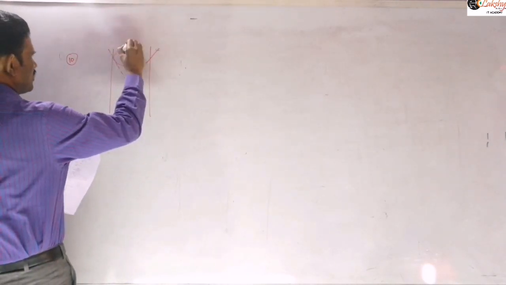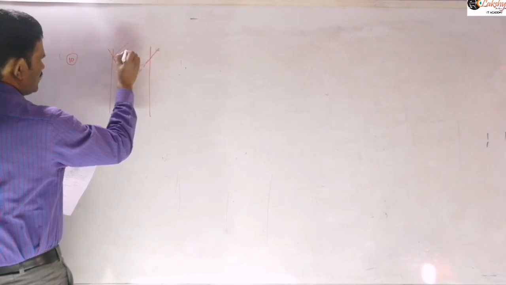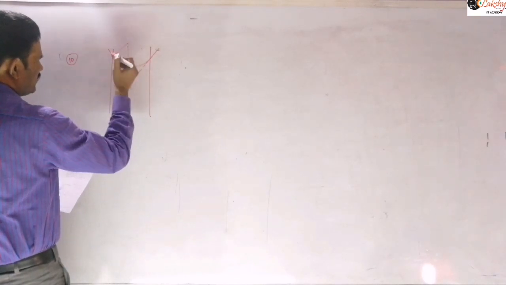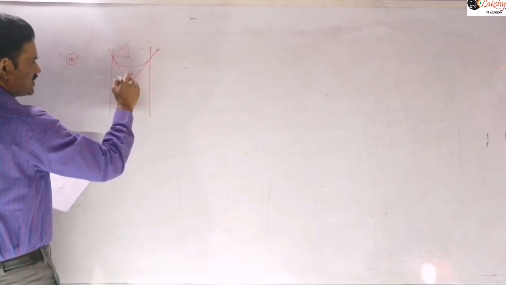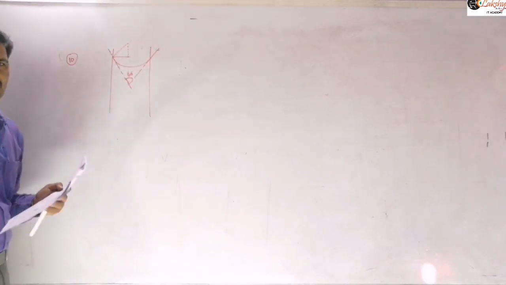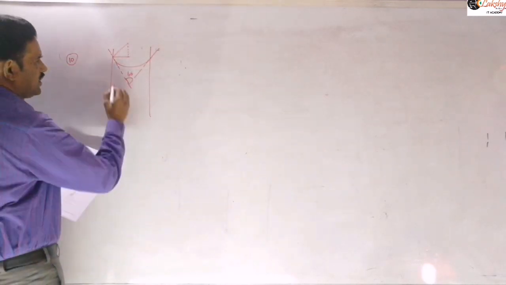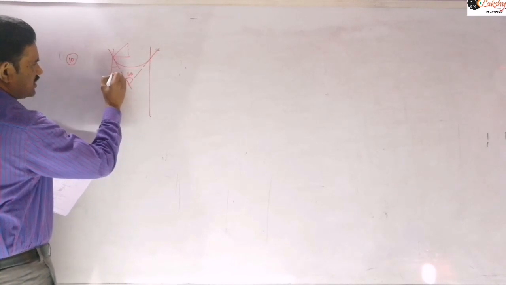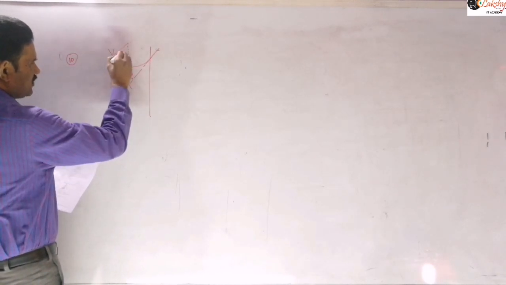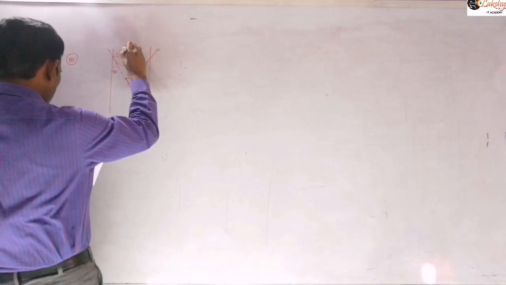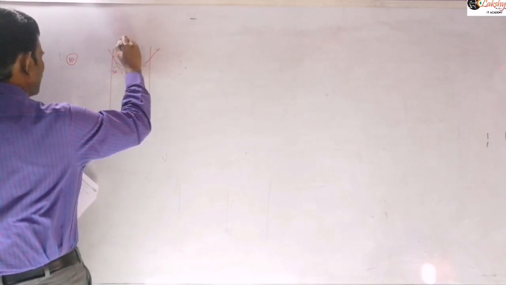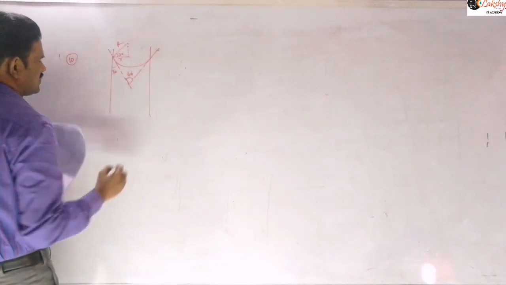So let us draw the normal here, and this is the radius of this tube. If the total angle is 60, then with the vertical I can take this angle as 30 degrees. And this side is capital R, the radius of curvature of the meniscus, and this is small r there.